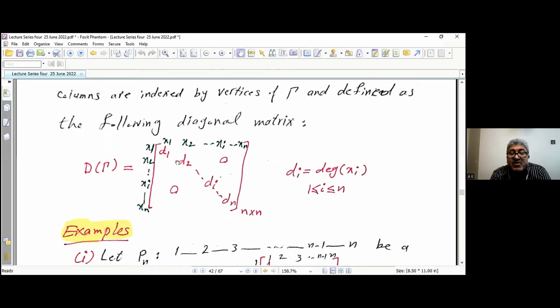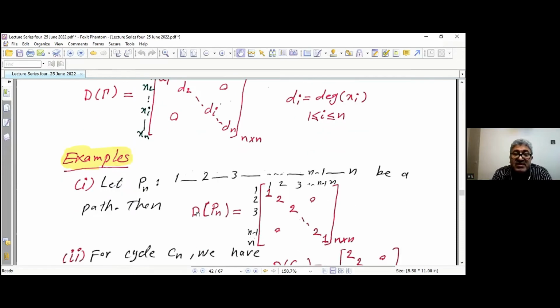Similarly, for the second entry on the diagonal we have d2, the degree of vertex x2, and similarly d3, di, until dn, which is the degree of vertex xn. This is the degree matrix.